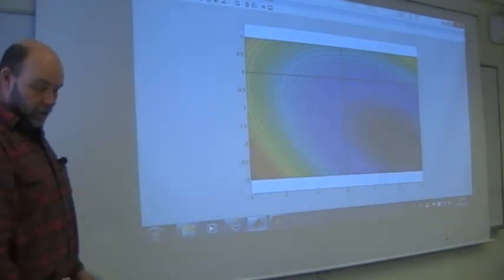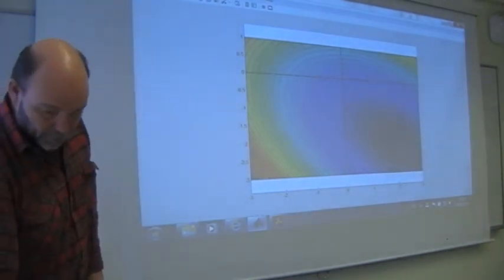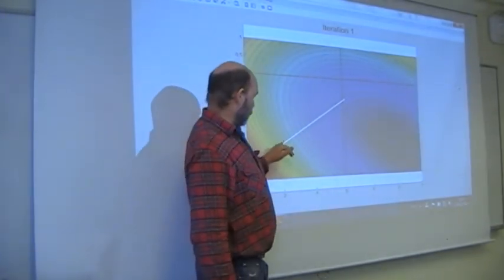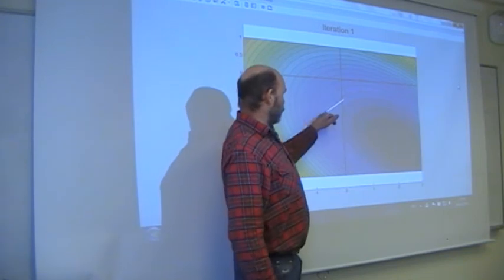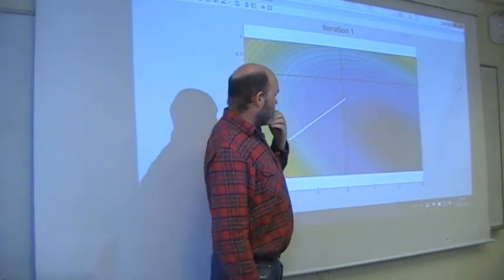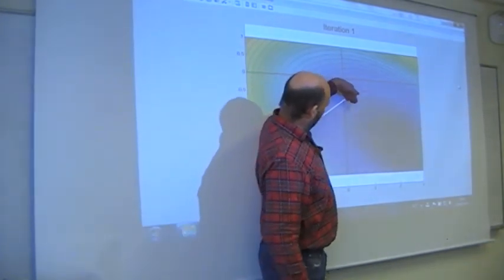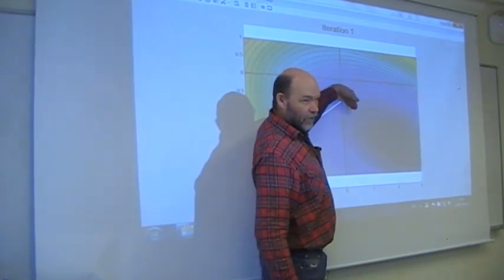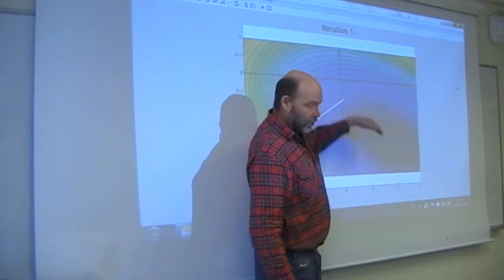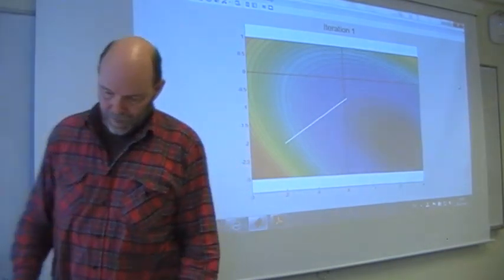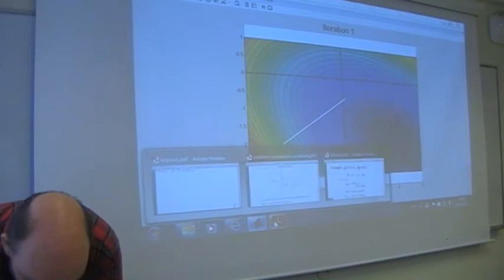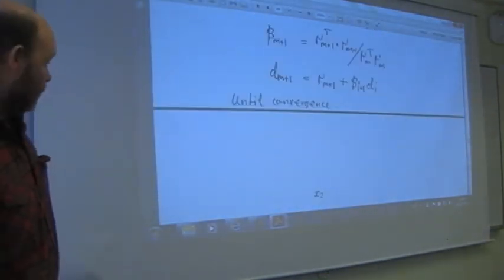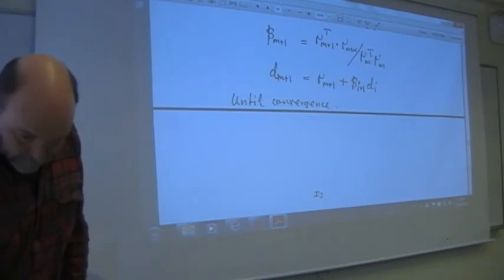Same geometry, same problem, and same initial starting point. Start here, and now take an ordinary steepest descent step, just the first one. Now, steepest descent would say you have to go in this direction, but now we are going to adjust this direction to something more sensible. That's the whole point.